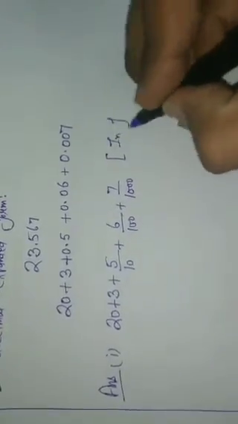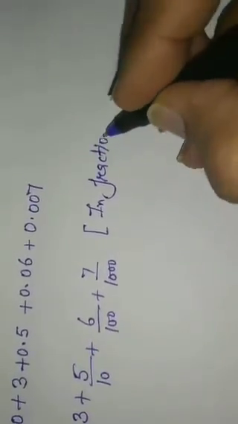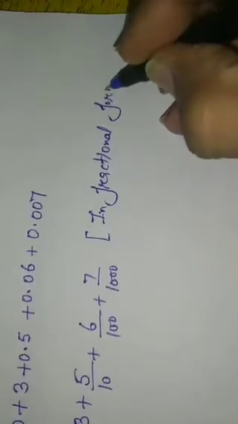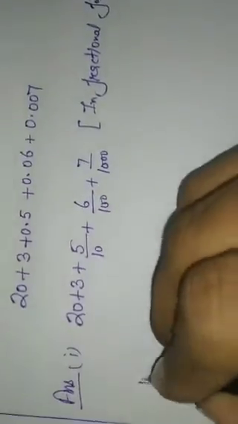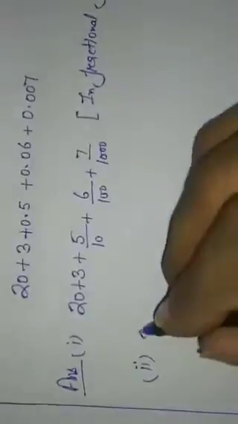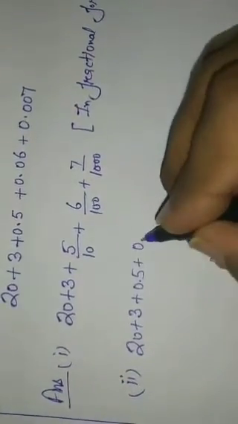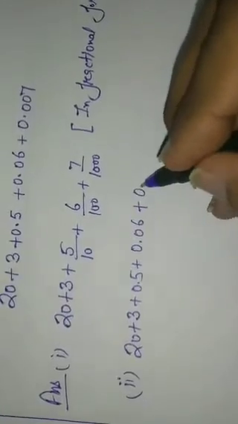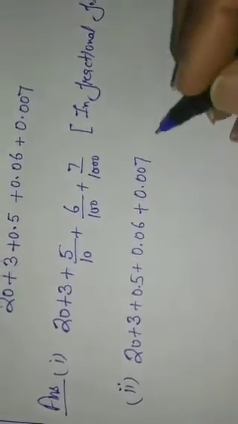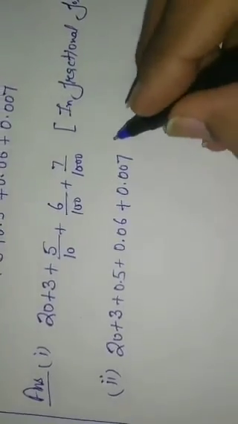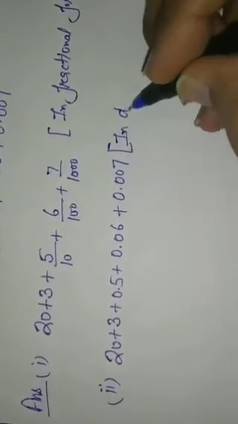Here you can write fractional form. That is your first answer. And in the second, you have the answer 20 plus 3 plus 0.5 plus 0.06 plus 0.007, that is the decimal expanded form. So here you write decimal expanded form.